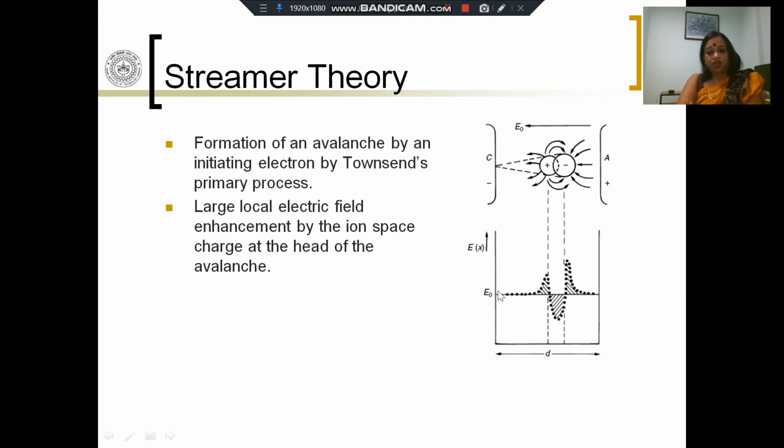If there were no charges, the applied electric field is given by this uniform quantity E naught, which is constant throughout the gap distance. Now if you look at this, there will be a high electric field between this charge center and the cathode, and there will be an even higher field because more electrons and closer to the anode, which is again from the anode to the cathode.